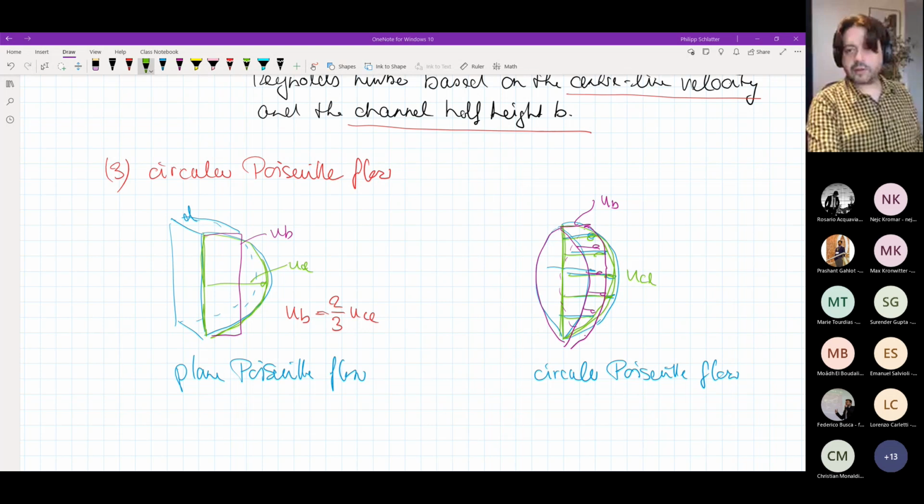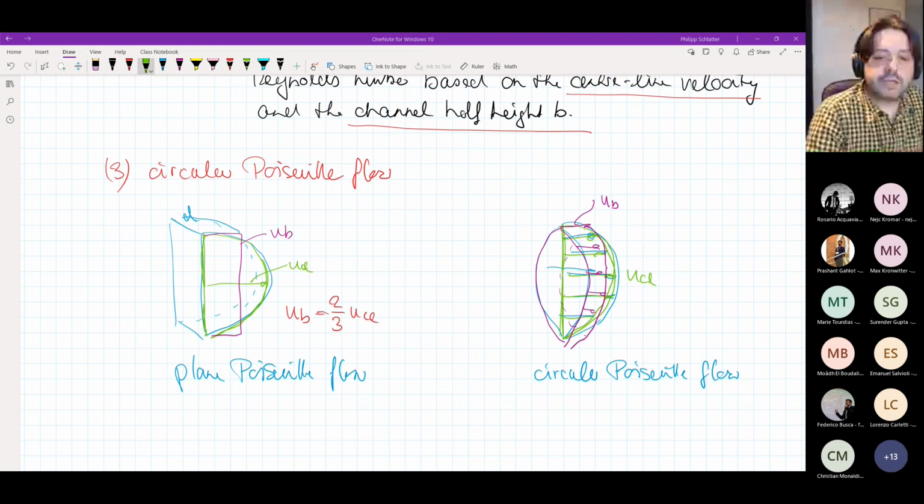Also this is something we'll calculate later on, but for now I just wanted to get your feeling here, and I have prepared a poll. So the question is, for circular Poiseuille flow, how does the centerline velocity compare to the channel flow, if you have fixed mass flow, if the Q is constant?